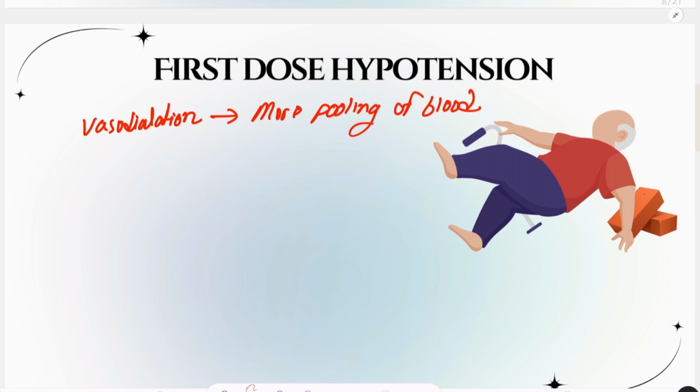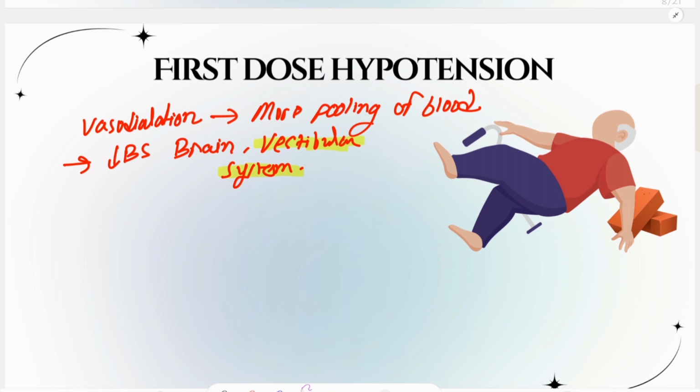As a result, that will lead to decreased blood supply to the brain and vestibular system. So the person will lose his balance as the vestibular system is hampered, and he will fall.